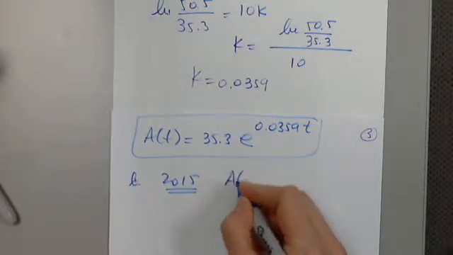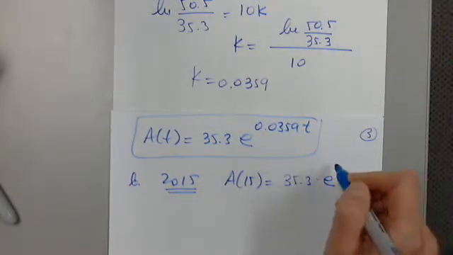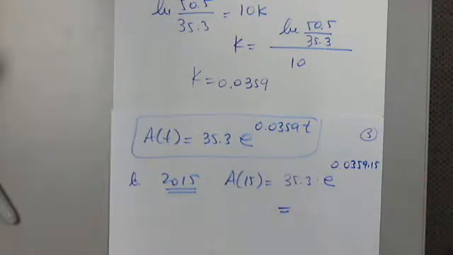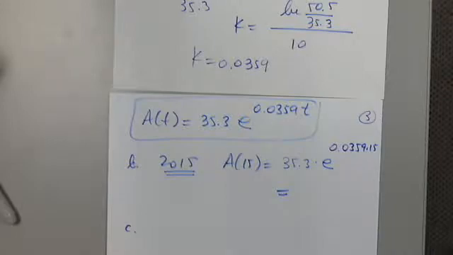So 35.3 times e to 0.0359 times 15. And if you have the answer, please give it to me. If I need to show any calculations, please say so.